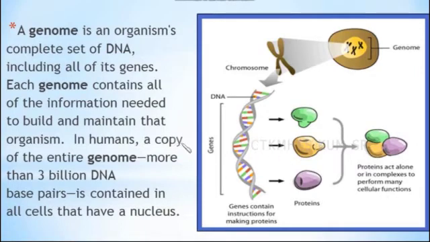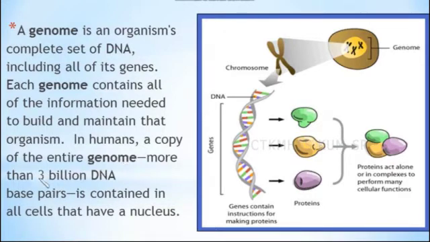In humans, a copy of the entire genome contains more than 3 billion DNA base pairs, and it is present in all cells that have a nucleus. So whichever cells have a nucleus contain more than 3 billion DNA base pairs. This is a base pair.